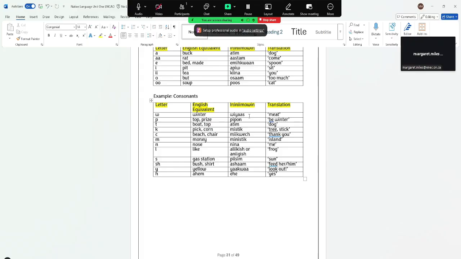The K sound, pick or corn. And the Cree word, mystic, which means a stick.